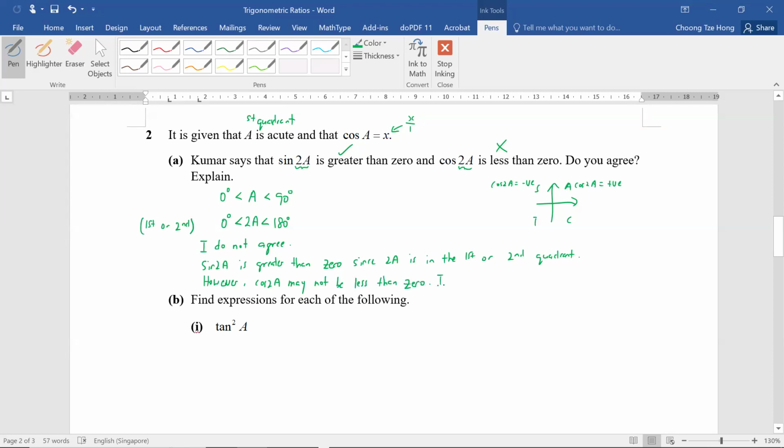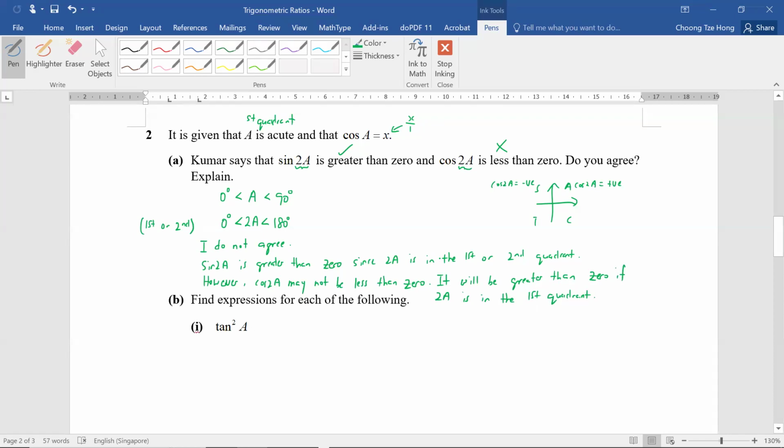It will be greater than 0 if 2a is in the first quadrant. Right, so this is the answer. So we do not agree.